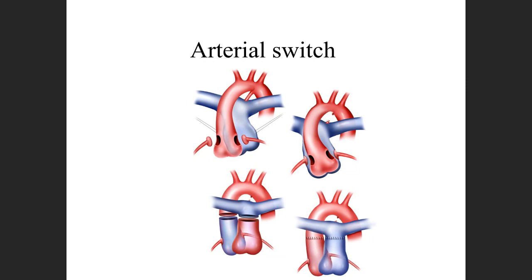So you divide these two vessels and you place the aorta to come off the left ventricle and the pulmonary artery to come off from the right ventricle. So you have corrected the switch, so to speak, corrected the transposition. There are other complexities in transposition of the great arteries, but we're not going to go into that today.